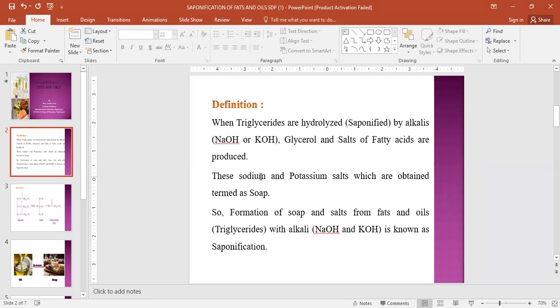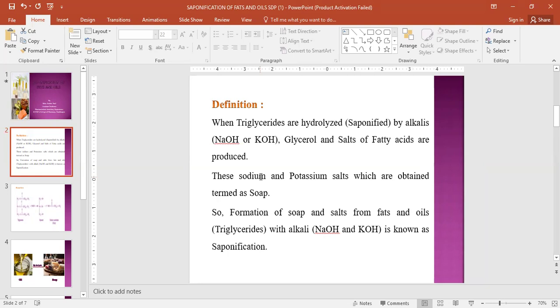These sodium and potassium salts are called soap. And the formation of the soap, that is a salt from the fat and oil, that is triglycerides, with the alkali NaOH or KOH, is known as saponification.